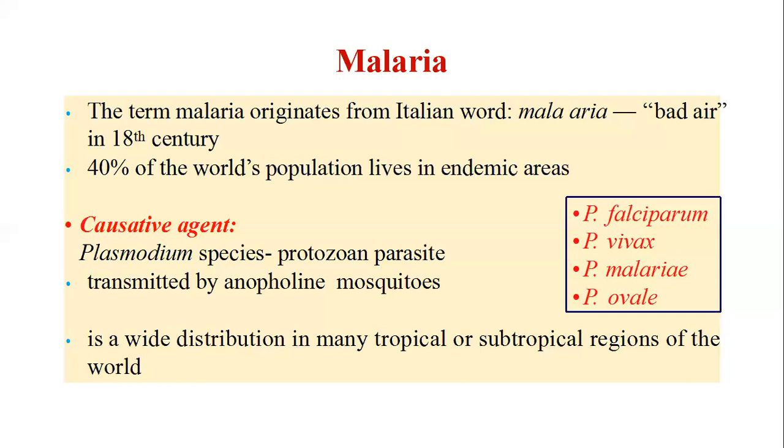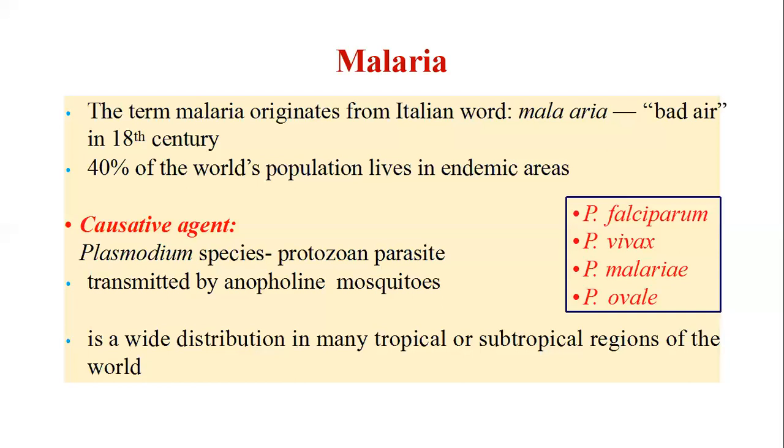Mostly the adult female Anopheles mosquito sucks blood from humans. So when they feed from humans, they infect the human individuals.